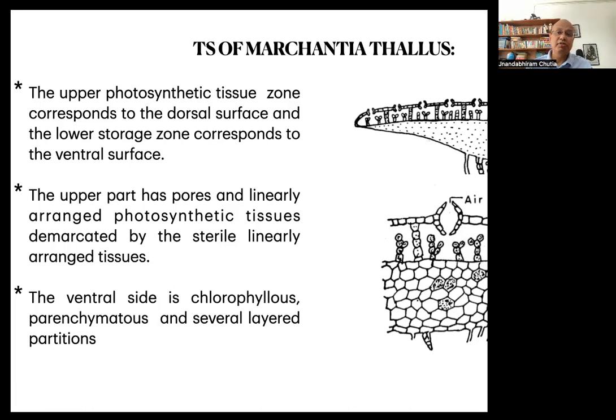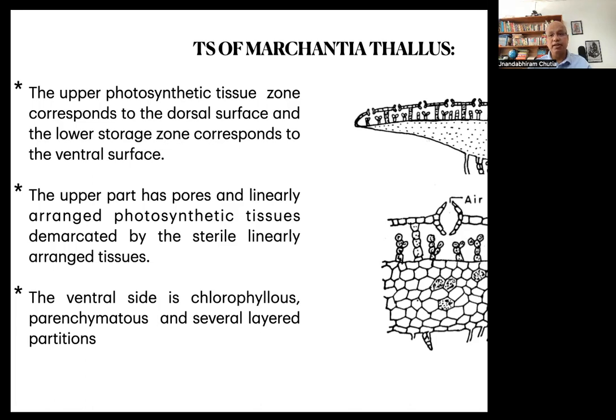This anatomical feature gives us a new idea on the development of the photosynthetic tissues and their presence in the higher plants. If you look at this diagram very minutely, we find an air pore encircled by stomatal pore-like structures, and this facilitates the exchange of gases.